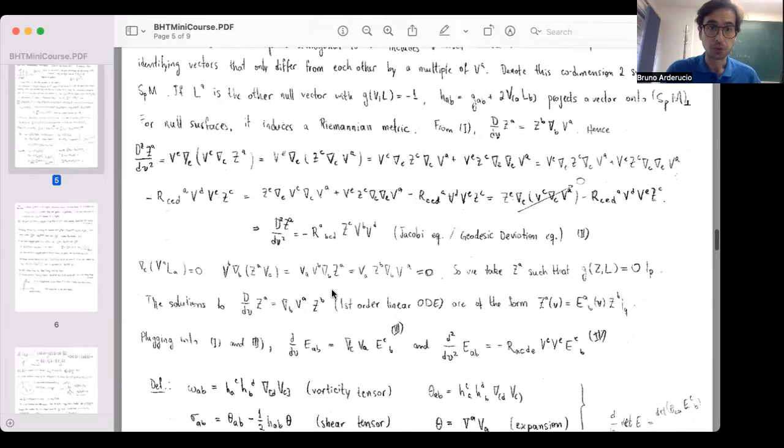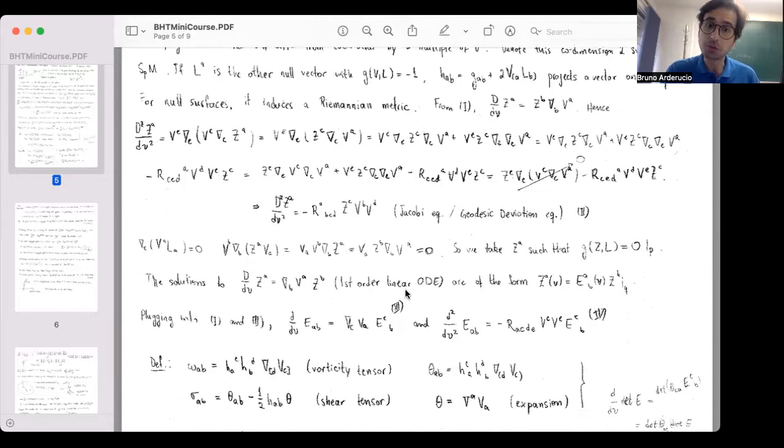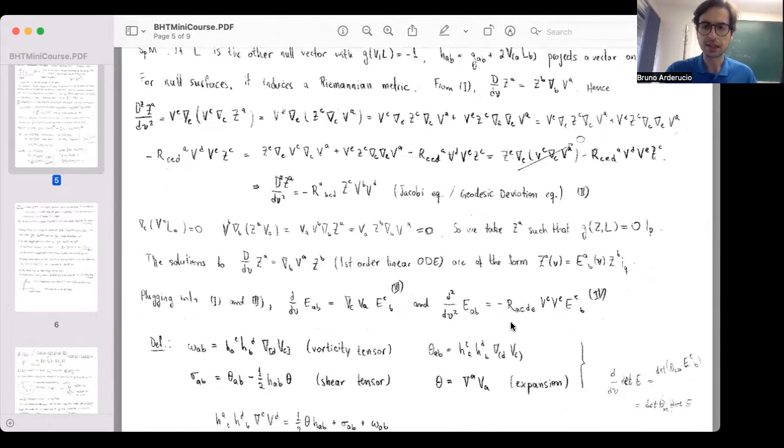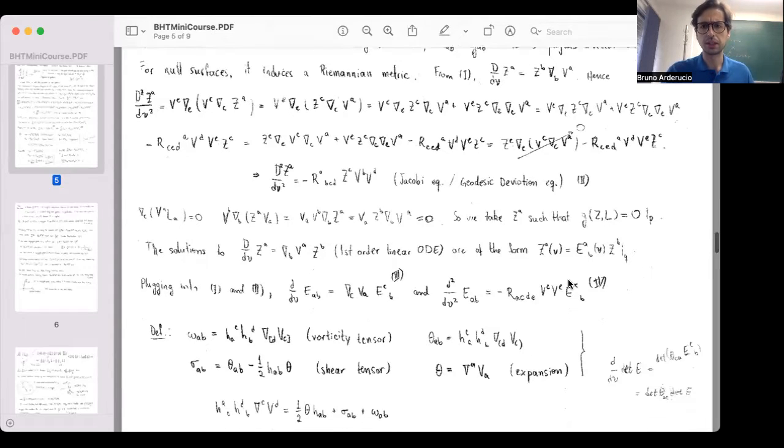And then we saw how we solve the equations for Z, supposing that it commutes with the tangent vectors. Because it's a first order differential equation, we were able to write it as a matrix: Z evaluated at a generic point in the affine parameter.